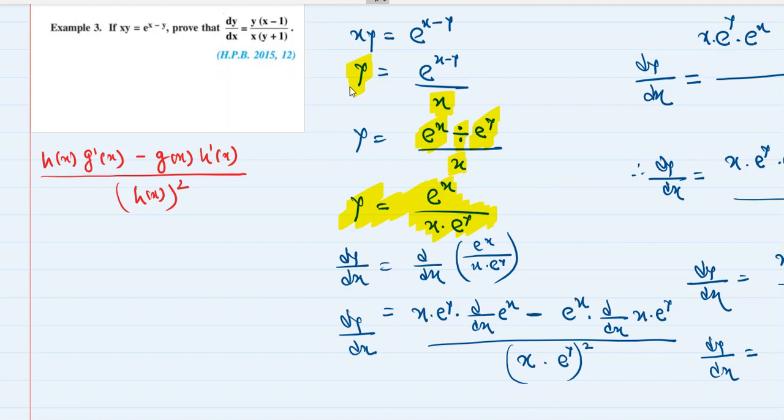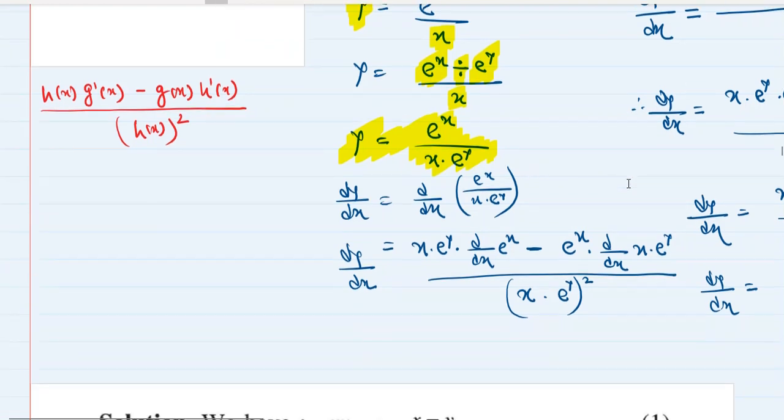Now I have differentiated both the sides with respect to x. So y becomes dy by dx, and here we get d by dx of e raised to x upon x multiplied by e raised to y. Then I have used the quotient rule, which I have written over here. You all must remember what the quotient rule is.